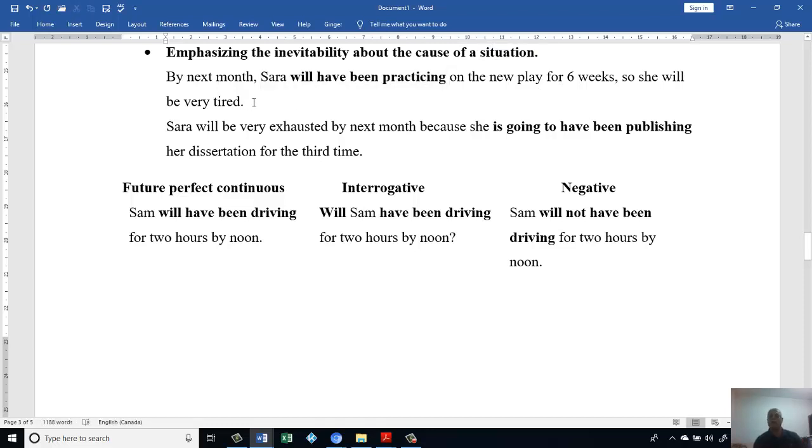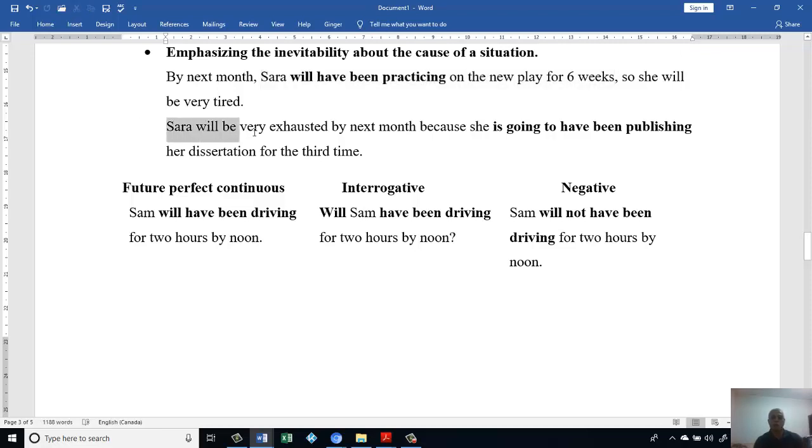Okay, everything happens in the future, but in these 6 weeks, she will be practicing. Let's look again. By next month, Sarah will have been practicing on the new play for 6 weeks. Okay, so she will be tired. Let's look at the other sentences.